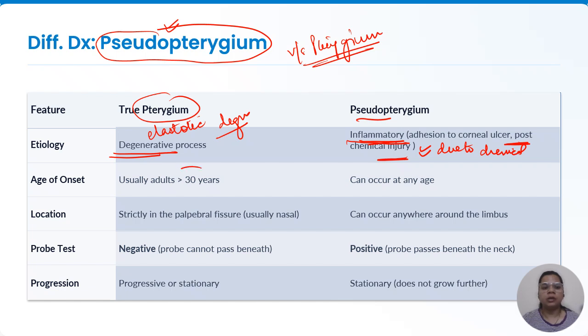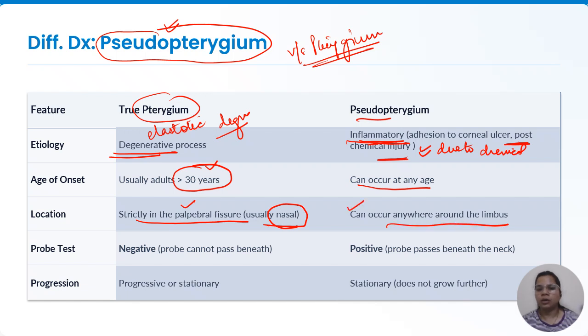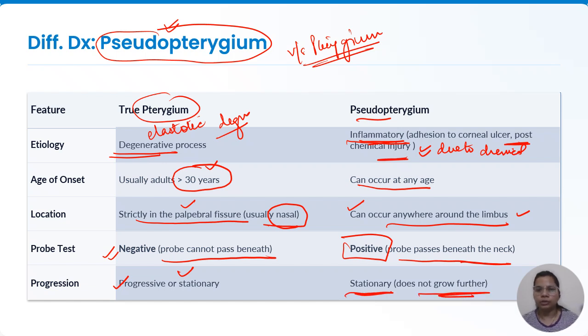Mainly pterygium occurs in adults more than 30 years, whereas pseudo-pterygium can occur at any age. The true pterygium is strictly located in the palpebral fissure and is usually nasal, whereas pseudo-pterygium can occur anywhere around the limbus. Pseudo-pterygium has a positive probe test, that is, the probe passes beneath the neck, whereas the probe cannot pass beneath a true pterygium. A true pterygium can be progressive or stationary, whereas pseudo-pterygium is always stationary. It does not grow further.